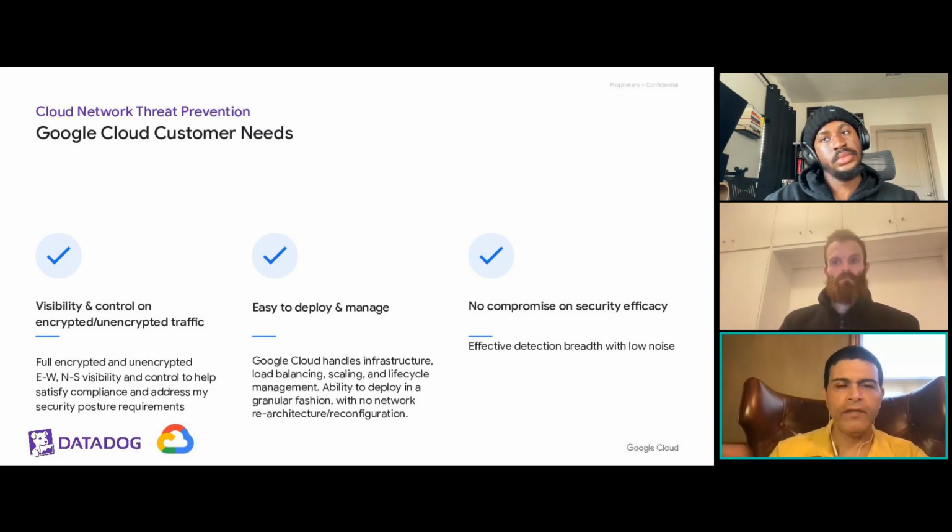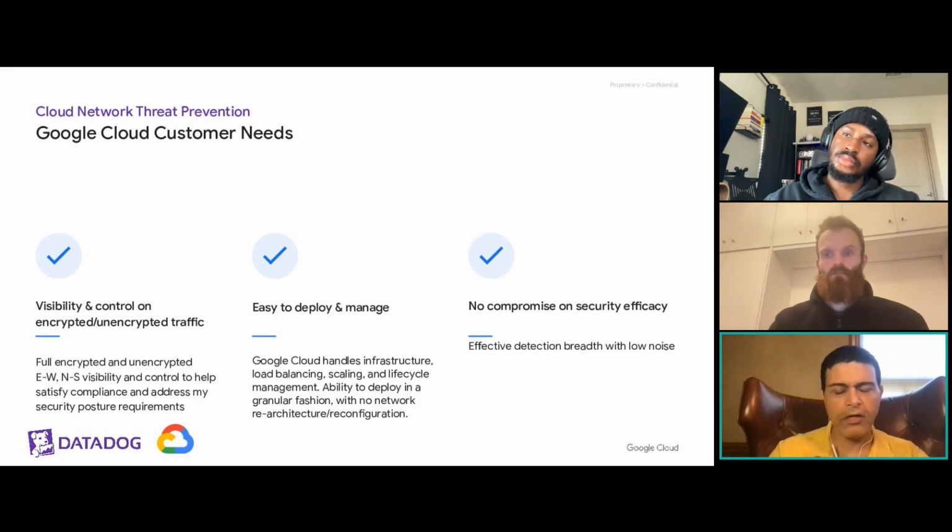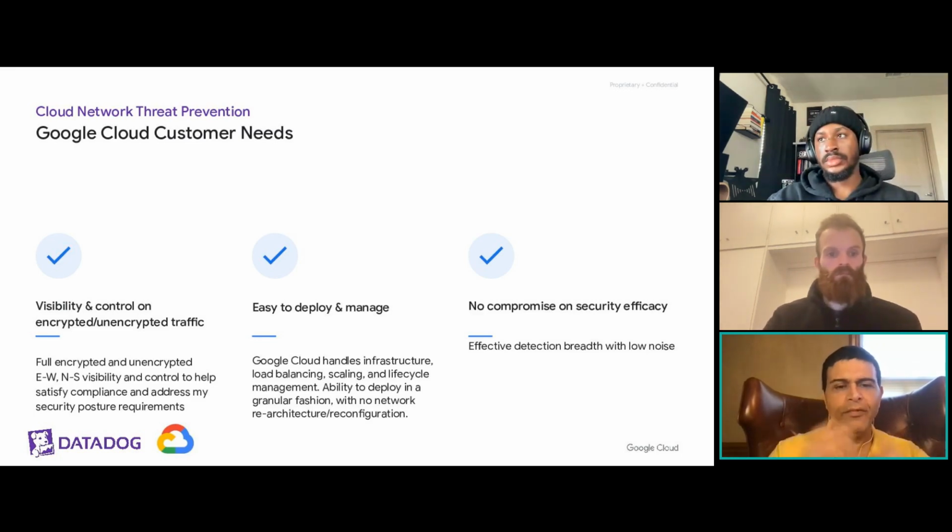We have taken all of that away. So you technically can go to the Google Cloud Console, click a couple of nexts, and then within a few minutes, you will have your setup ready. And we also wanted to have no compromise on the security efficacy. Basically, we wanted to go from the layer 3, layer 4 basic firewalls to an advanced next-generation firewall.